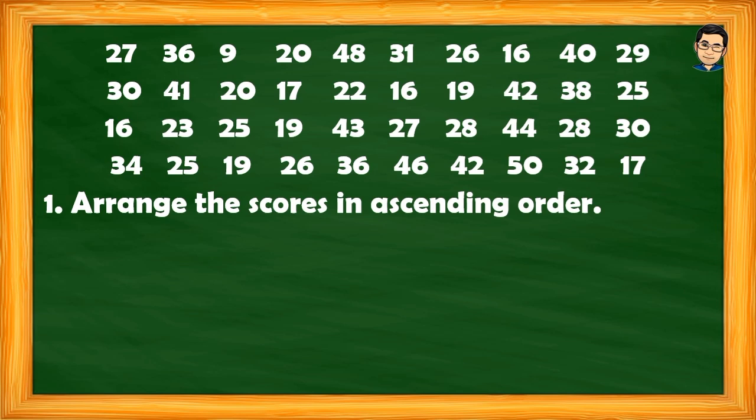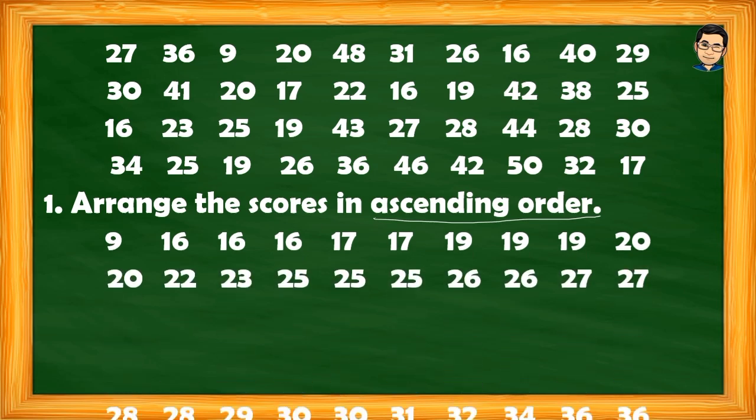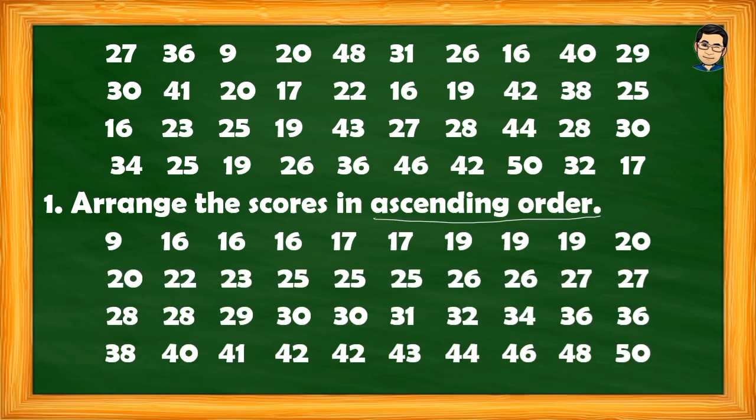So, the first step in constructing a frequency distribution table is to arrange the scores in ascending order. Ibig sabihin, isasaayos natin yung mga scores na yan, magsimula sa pinakamababa, papataas. Okay. So, kung i-arrange natin yung mga scores na yan, ito po ang kalalabasan. Ayan, as you can see, organized na yung ating mga data.